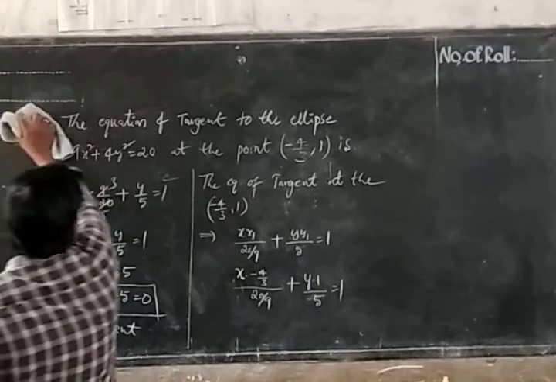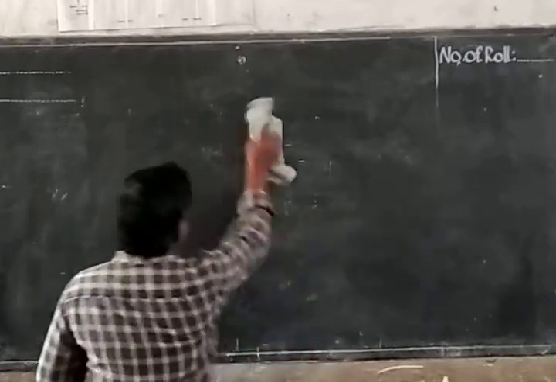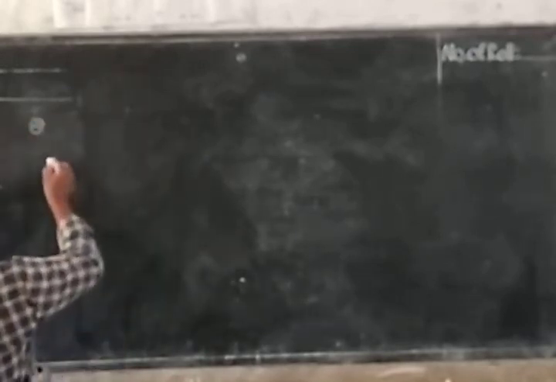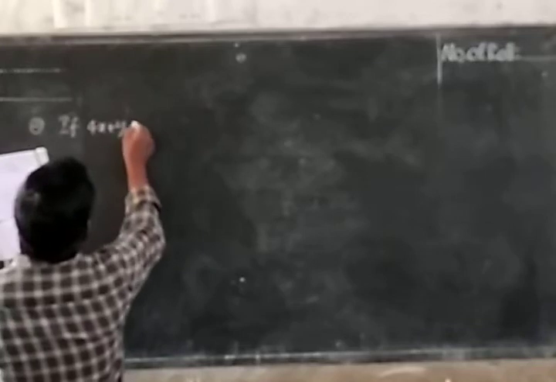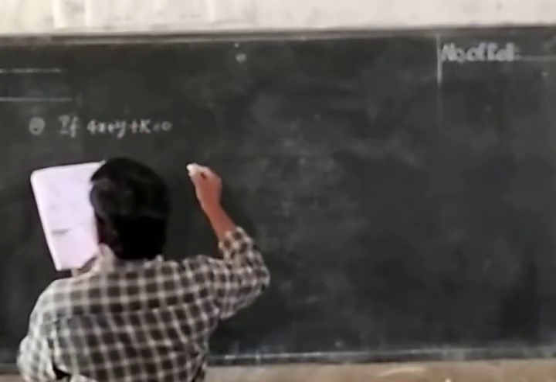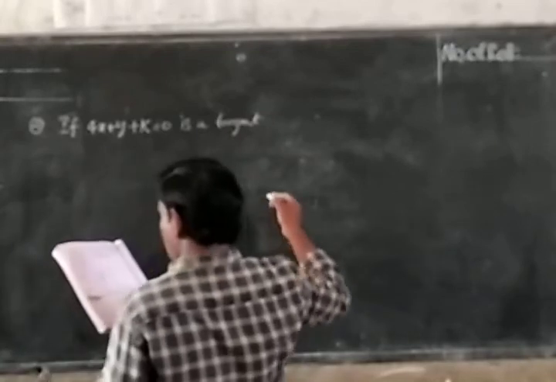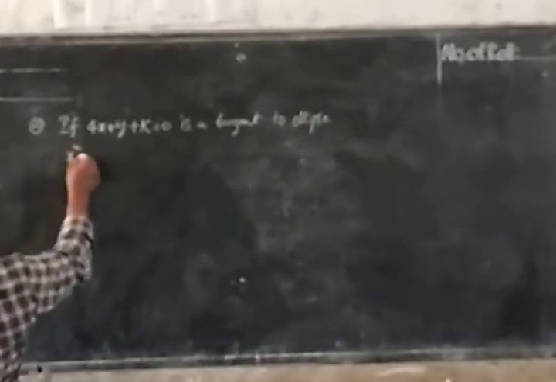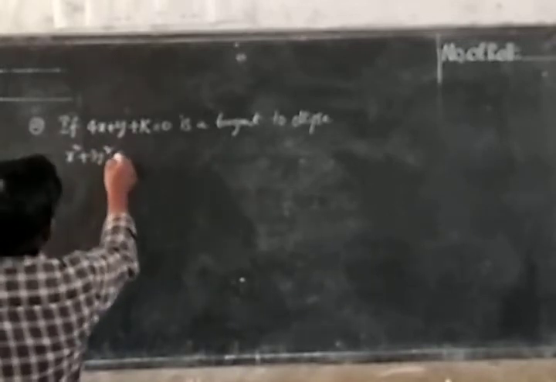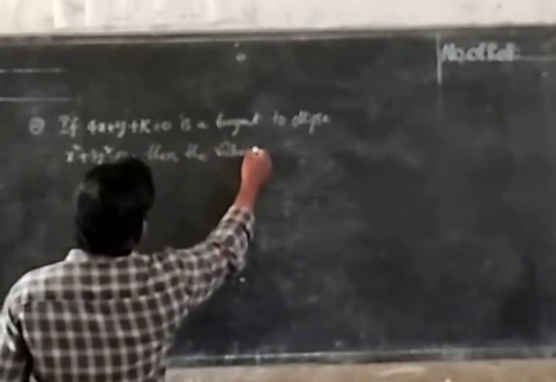Okay, next problem. Second problem. If 4x plus y plus k equal to 0 is a tangent to the ellipse x square plus 3y square equal to 3, then find the value of k.